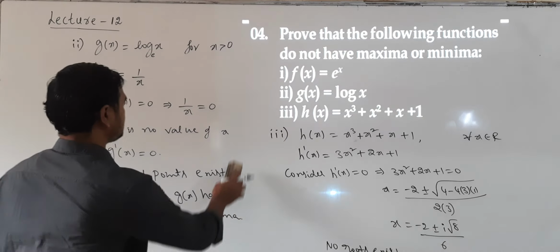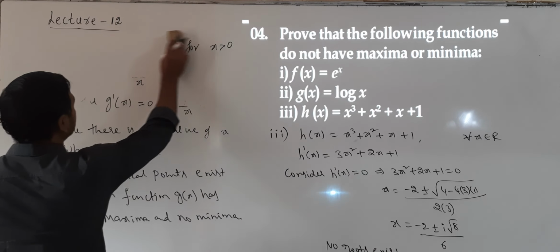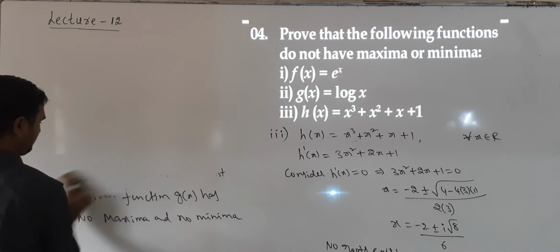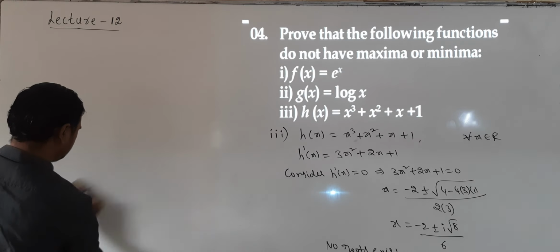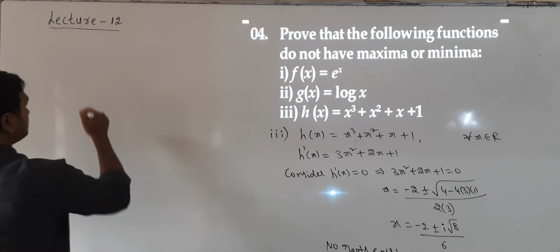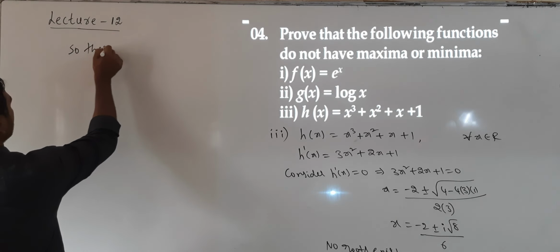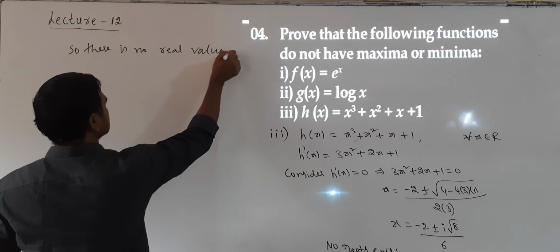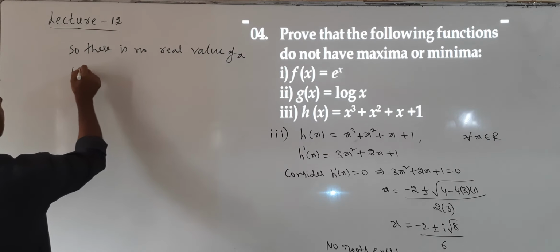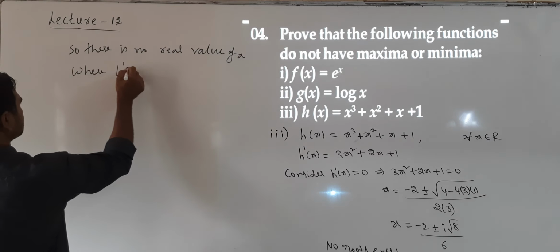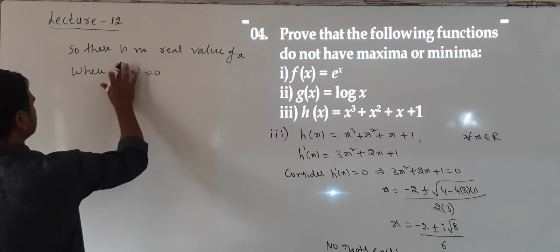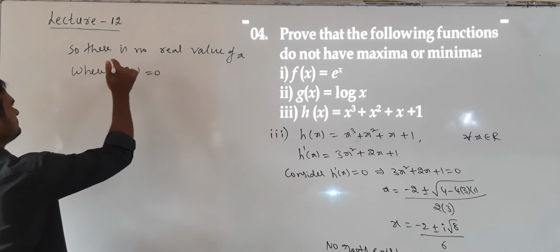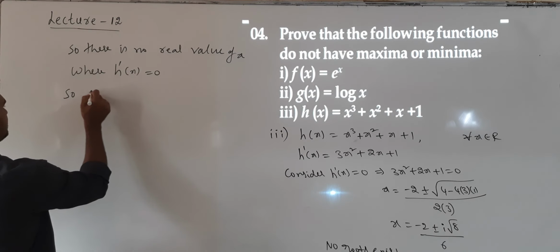No roots exist means there is no real value of x where h dash of x is equal to 0. There is no real value of x where h dash can be 0. So no critical points exist.